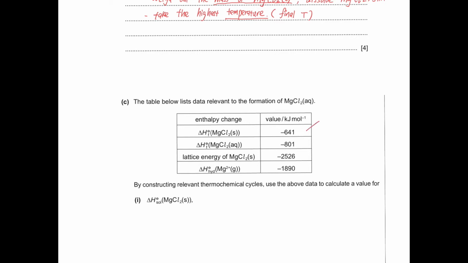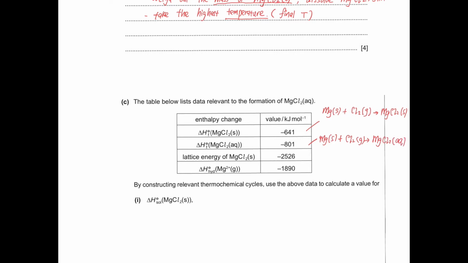The first one is magnesium solid plus chlorine gas becomes magnesium chloride solid. The second one is magnesium solid plus chlorine gas becomes magnesium chloride aqueous.